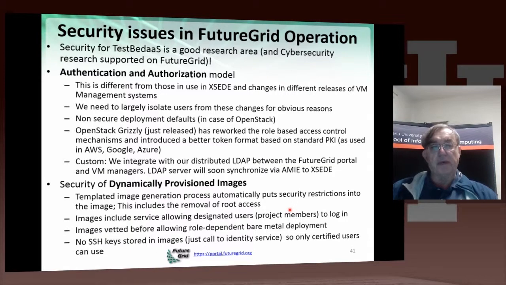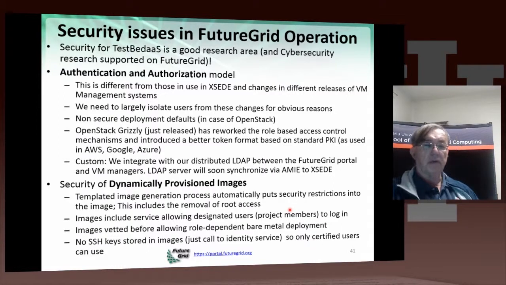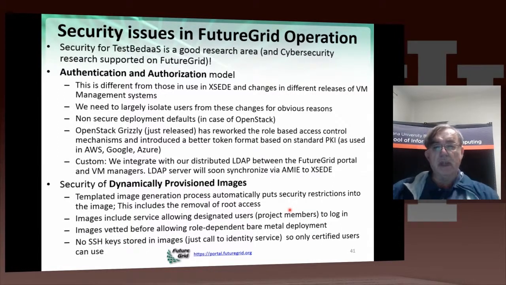If we look at the areas where FutureGrid has security issues, the first area is authentication and authorization. The main problem there is it's just different. It's not that it's particularly harder than other systems, but as we have to build it around whatever Eucalyptus or OpenStack supports, that's not the same thing as XSEDE supports, and so we can't, for instance, immediately have a common model between XSEDE and FutureGrid.